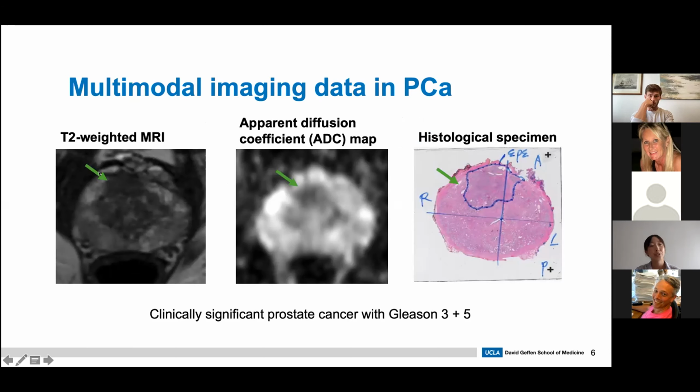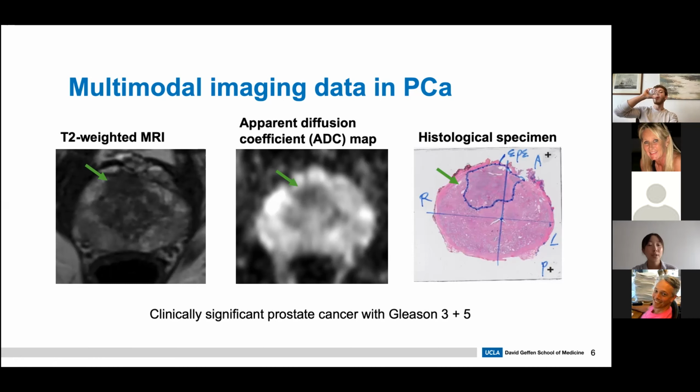So T2-weighted MRI is used as a primary diagnostic tool in a clinical setting because it has a high resolution for visualizing the tumor structural or anatomical information. And diffusion-weighted imaging evaluates the motion of free water molecules within a tissue. So then how does that tell us something about the tumor?